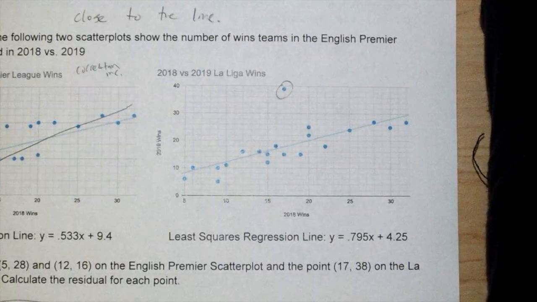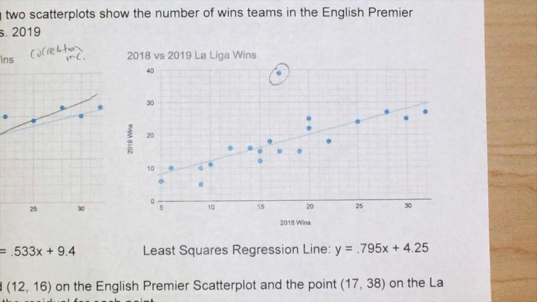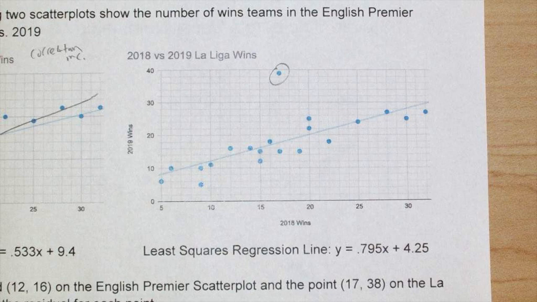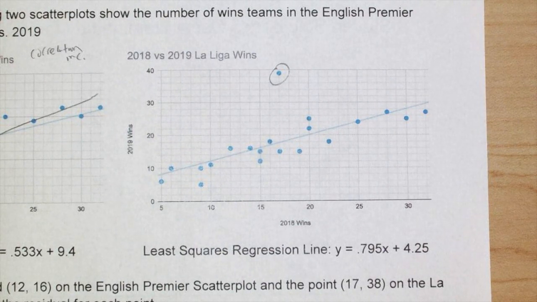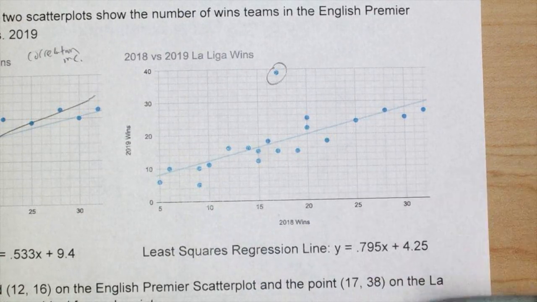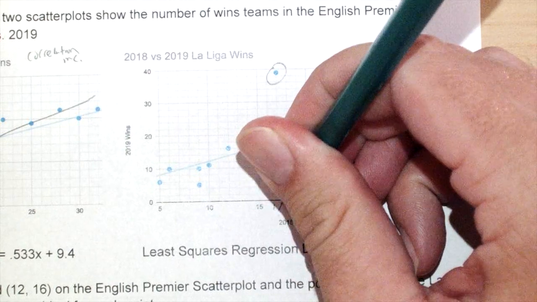But now let's talk about this final one, which I think is really, really interesting. It's asking us what's going to happen if we take away this point. And this is an outlier, right? If we're going to get into the mind of the question, this team really did much better in season 2.